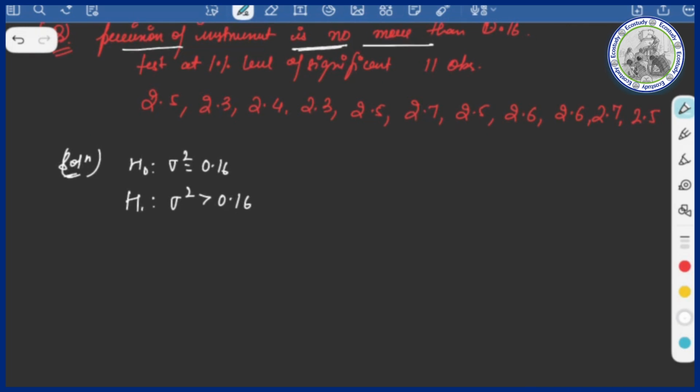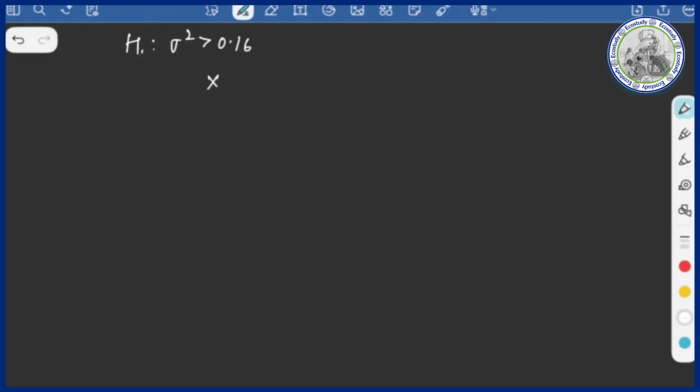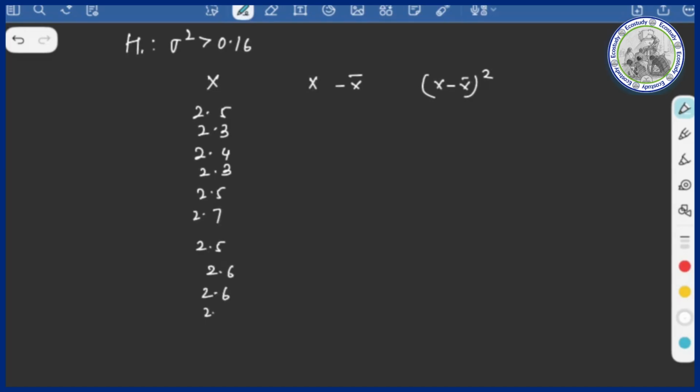Now let's calculate the sample variance. So x minus x bar and x minus x bar whole square. The values are 2.5, 2.3, 2.4, 2.3, 2.5, 2.7, 2.5, 2.6, 2.6, 2.7, 2.5.